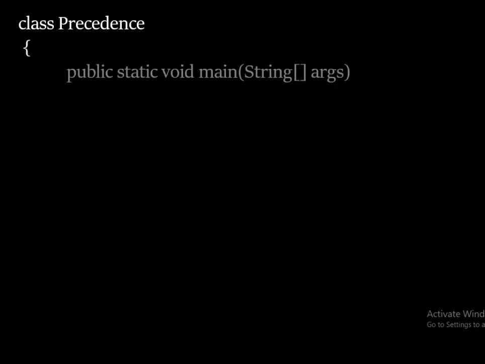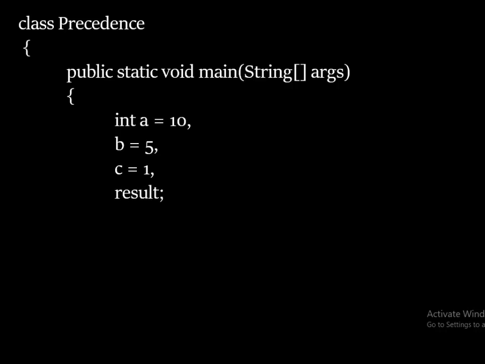Let us see one example. Here I am creating a class Precedence and defining a main method in this class as public static void main. After that, open the main method, and here I am declaring and initializing a variable a as 10. After that, b is equal to 5 and c is equal to 1, and result.